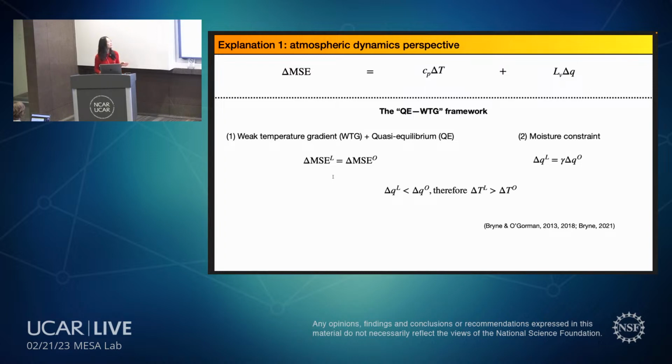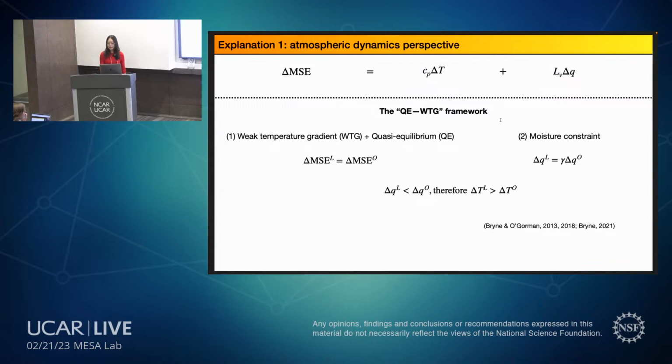The idea is to take changes in moist static energy as a total constraint, which partitions between a warming component and a moistening component. Based on a weak temperature gradient and convective quasi-equilibrium, it can be derived that the moist static energy increase in the boundary layer is uniform across land and ocean.